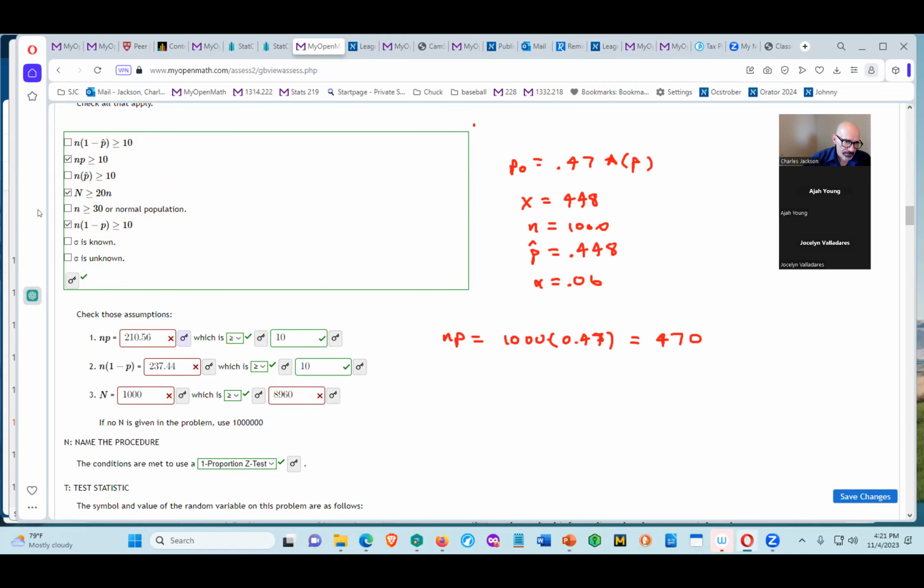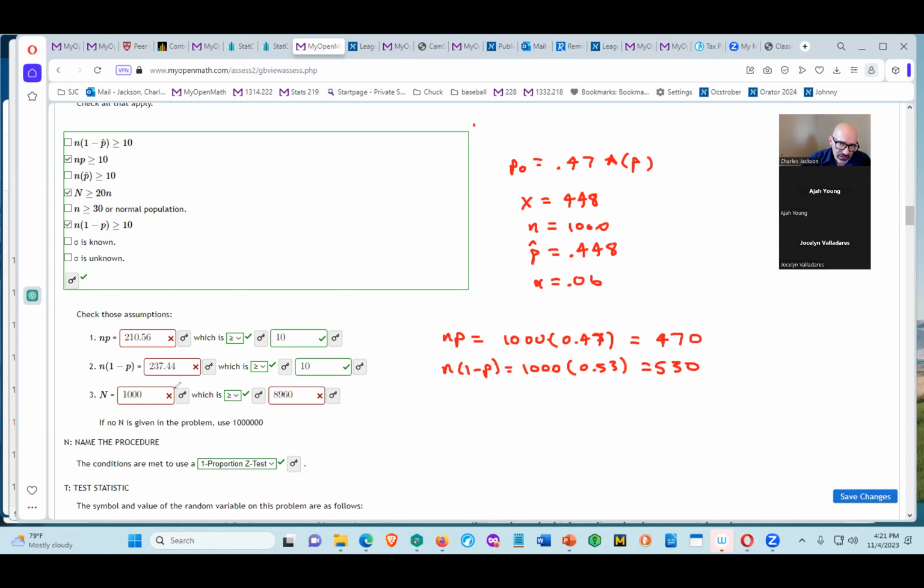Yes, sir. And then n(1 minus p), or nq, yeah, Kozak always uses 1 minus p. So that's 1,000 times 0.53. That's 1 minus p, 530, which is also greater than or equal to 10.